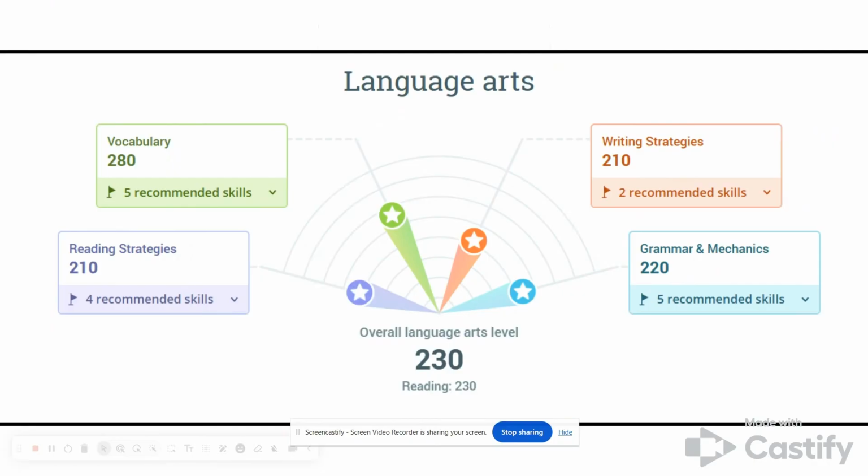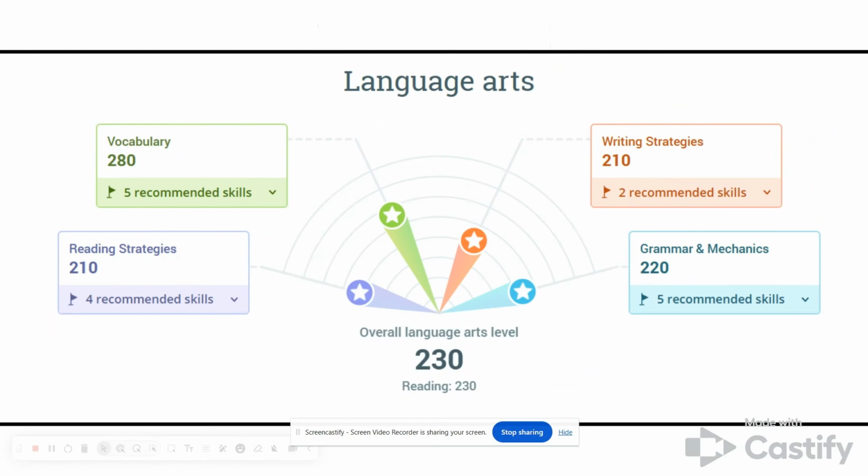And this is where we can see where the strengths and the weaknesses are in language arts, and that's why I love iExcel. It does give 2 scores. It gives an overall language arts score and an overall reading score, and those can be different. In this case, the student scored the same for both, which is okay.